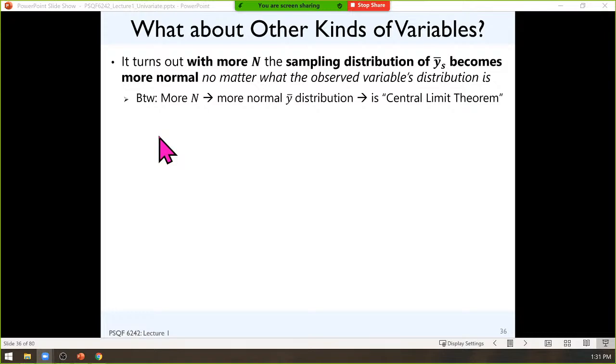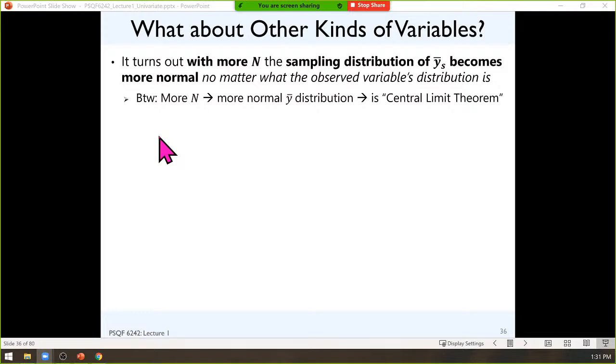So it's not the people or the cans within the pack that we're talking about here. We're talking about summarizing properties of a sample as one data point and what that would look like across repeated samples. Across repeated samples, the distribution of the means of those samples becomes more normal the more people you have.